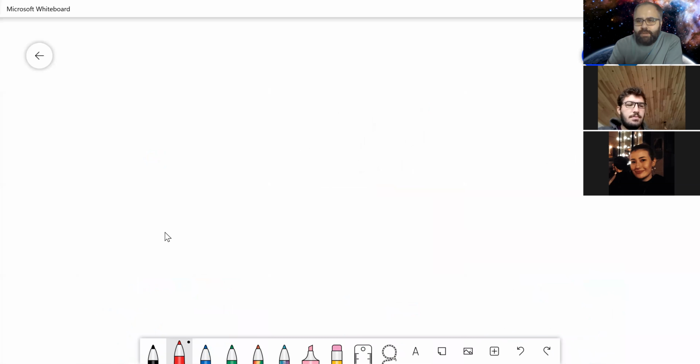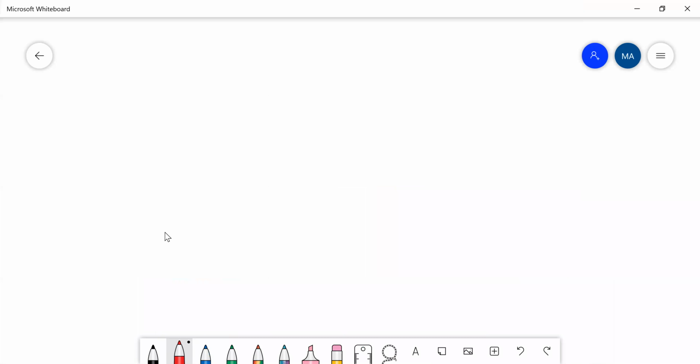Let me open a new page, minimize this window. Okay, so here we have two goods. These are goods. So we have production functions. Production functions are like this.